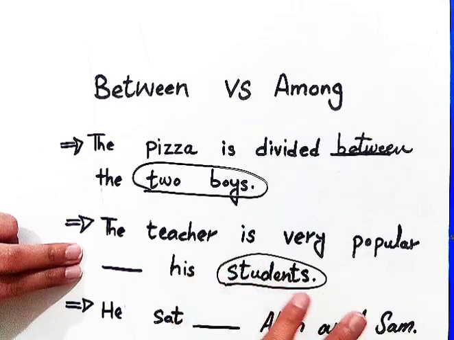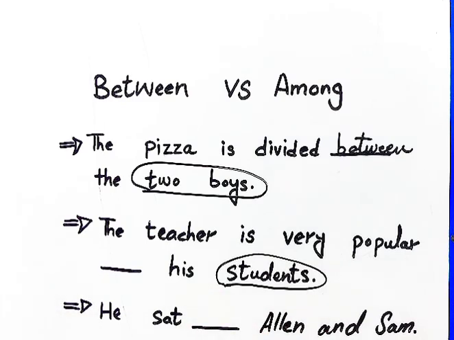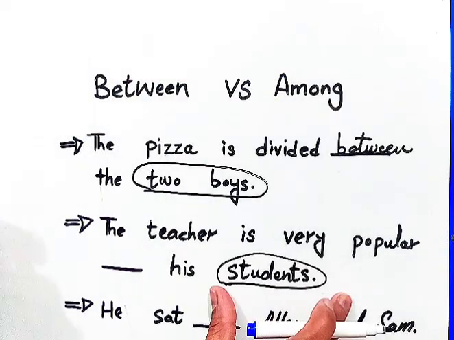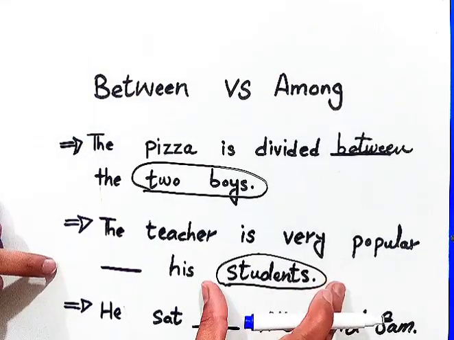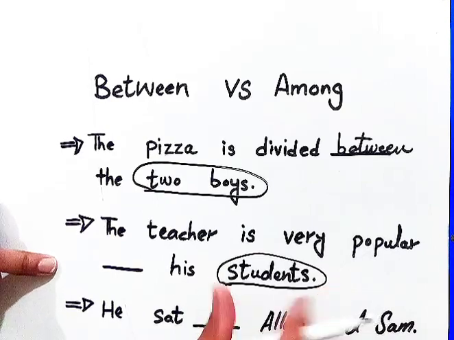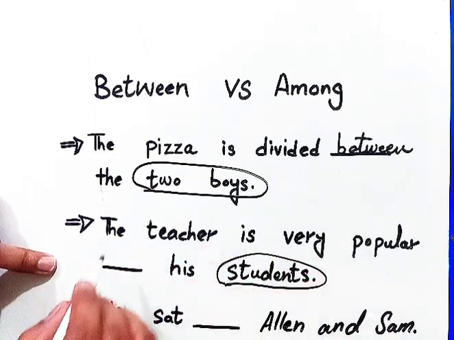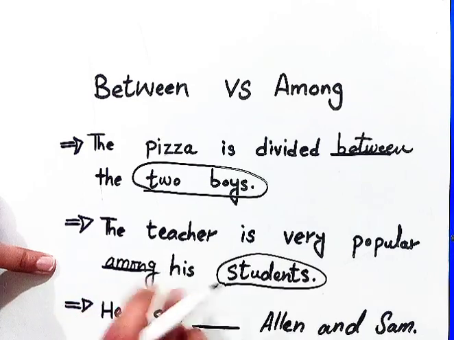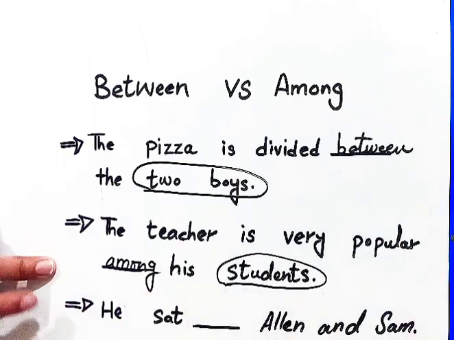In this sentence, there is no mentioned quantity of students. So, we will write among here, as there are more than two students. So the teacher is very popular among his students.